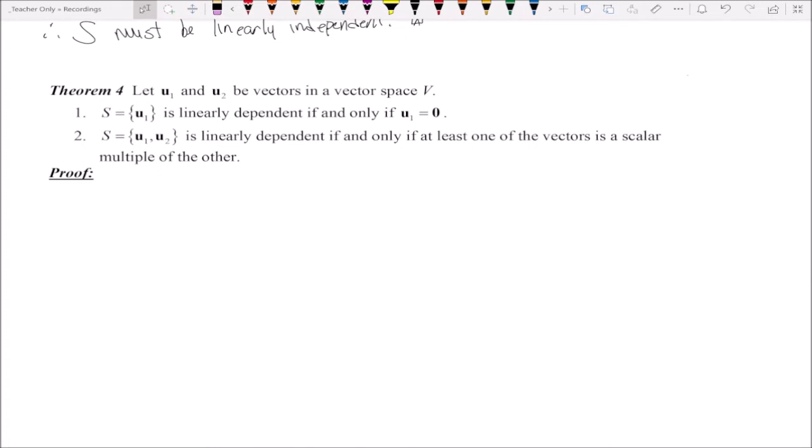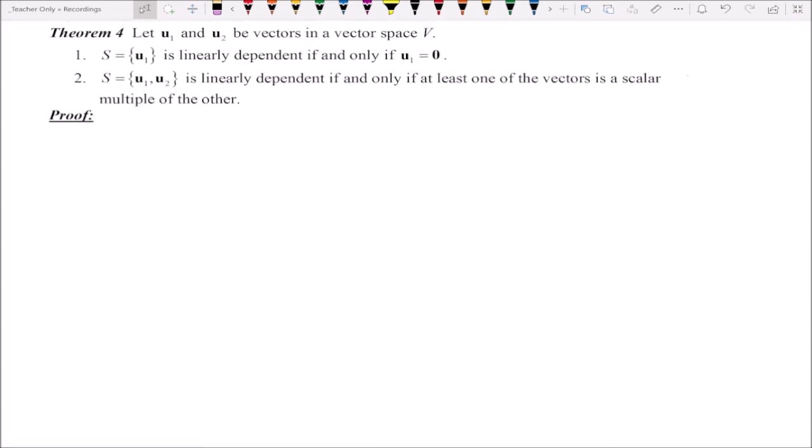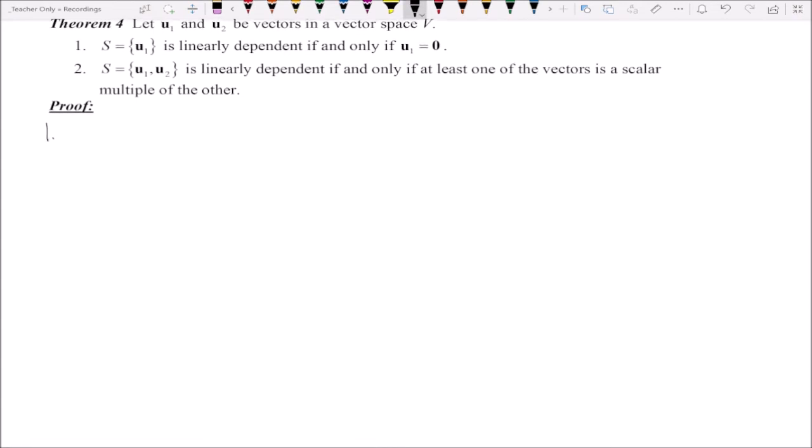Let U1 and U2 be vectors in a vector space V. The set of just U1 is linearly dependent if and only if it's the zero vector. The set of U1, U2 is linearly dependent if and only if at least one of the vectors is a scalar multiple of the other. All right, so first to prove the first statement.